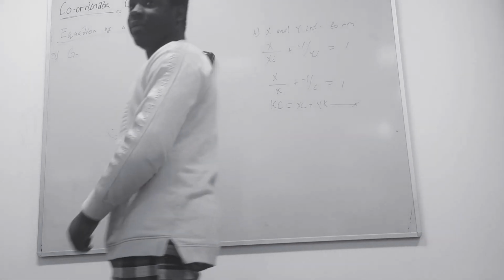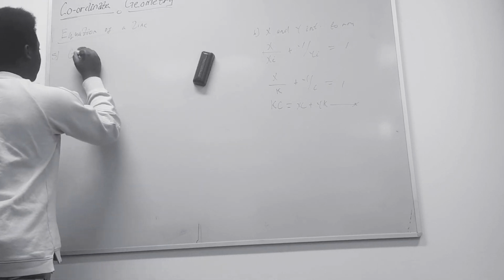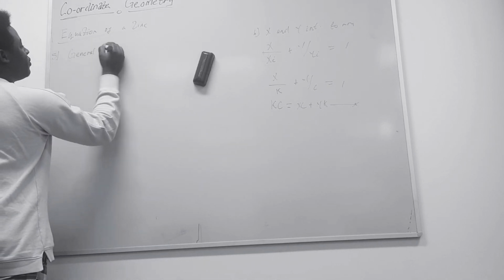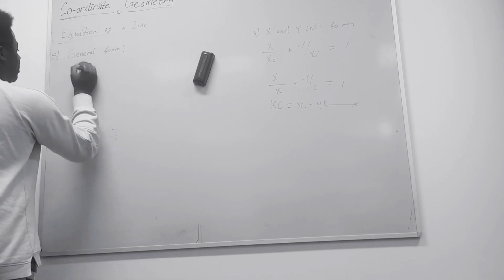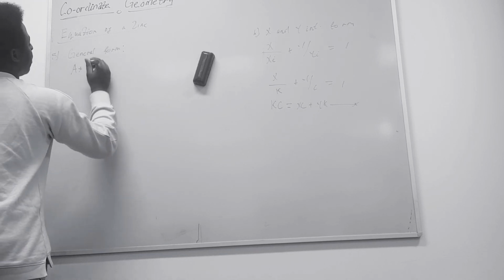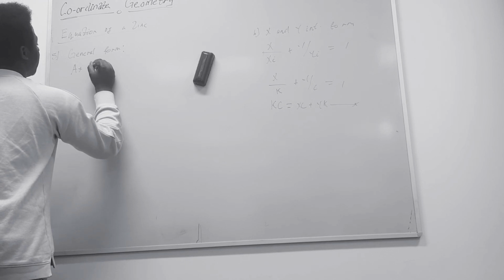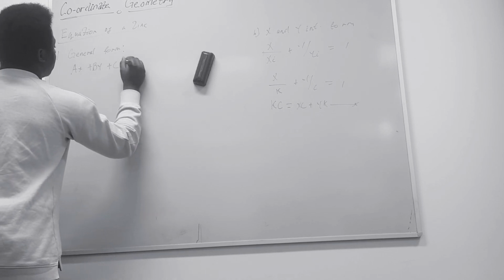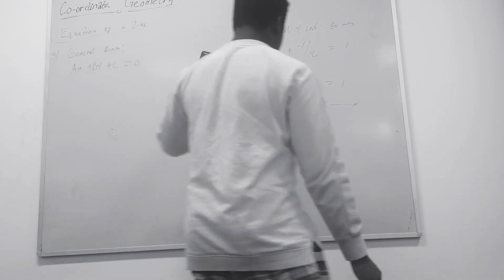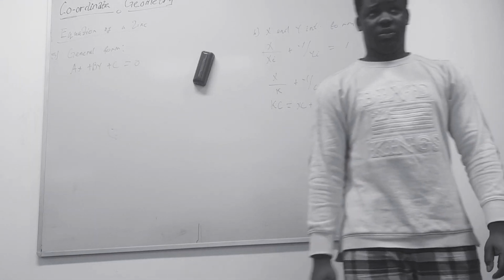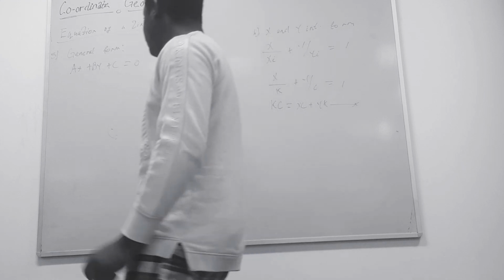This is supposed to be the first thing I should have written. So general form, which is ax plus by plus c is equal to 0. Which was the way I was actually writing in the first place when we were doing those examples.